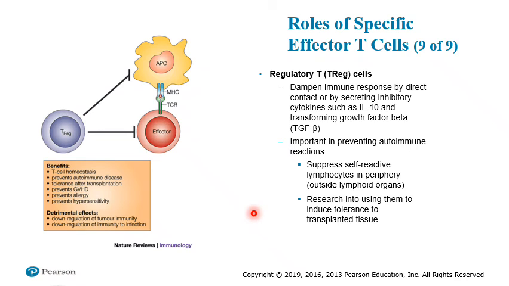Now we have something that is not really very popular, the regulatory T cell. This regulatory T cell puts an end to the war zone. If the war is over and we win already, there is no need for these soldiers to be around. They need to go back into the lymphatic system, the lymph node, and rest and become memory cells.